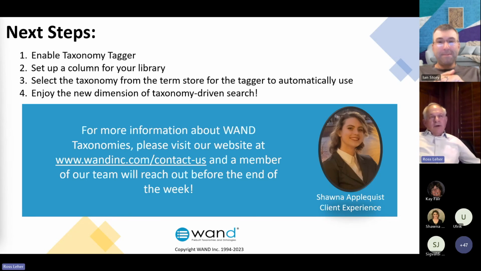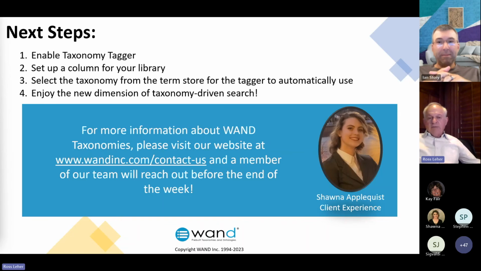Yeah, what I was going to say is, when we say easy as 1, 2, 3, it's easy as 1, 2, 3. And I'm going to say to everybody on this call, enable your taxonomy tagger. We watched Shreya do it in about 15 or 30 seconds. Set up a column for one of your libraries.